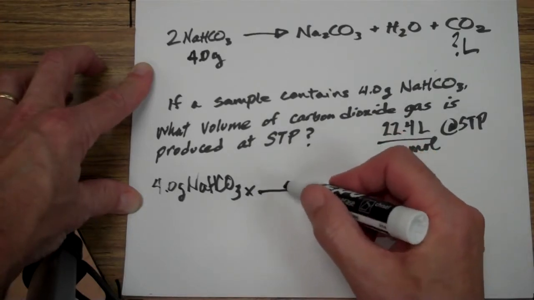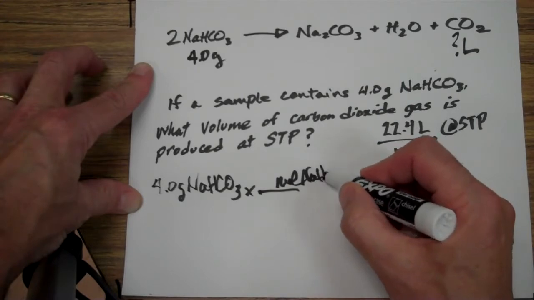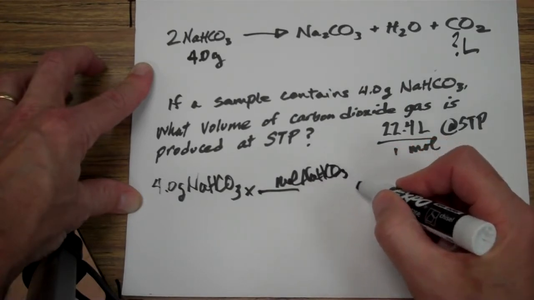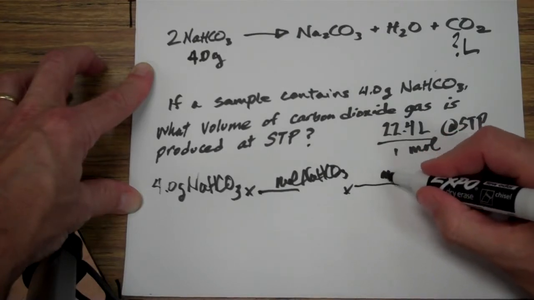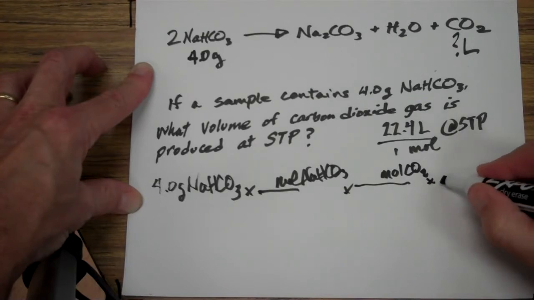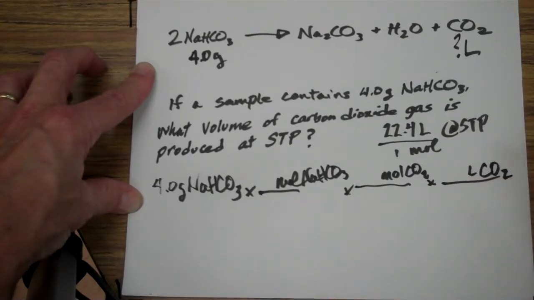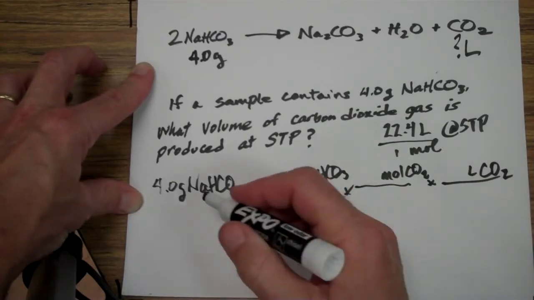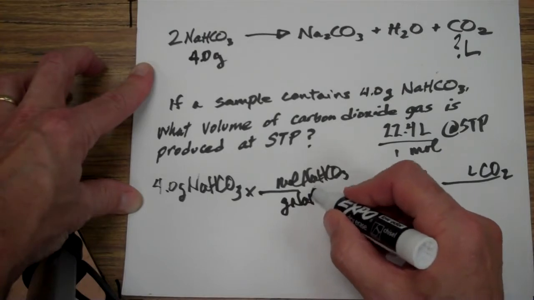Step 1 is finding moles of known. Step 2 is finding moles of unknown. In this case it's CO2. And step 3 is finding liters of unknown, which is my CO2. On the bottom, I'm going to cancel grams sodium bicarbonate.